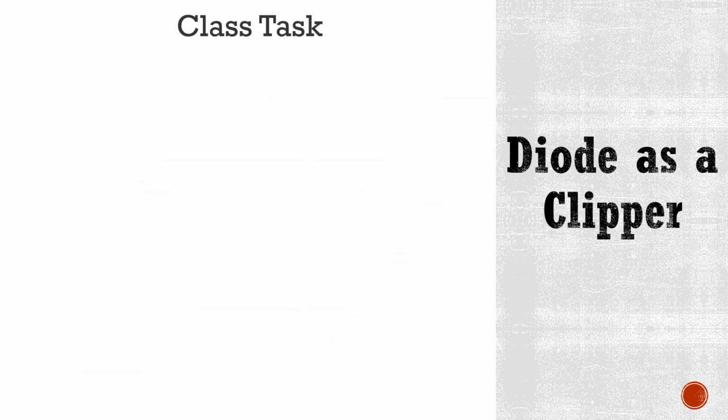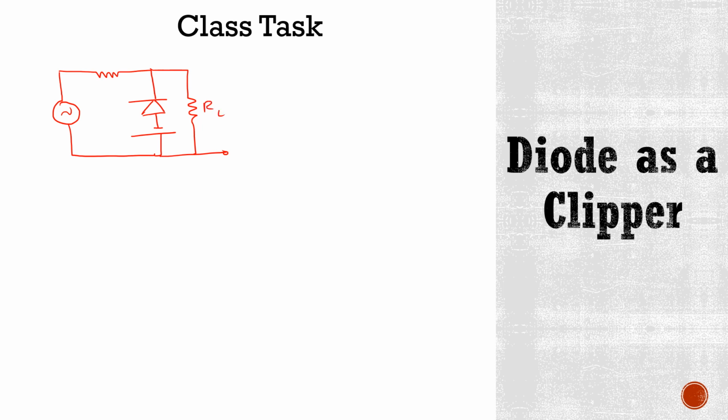Now here is your class task. If you have one circuit like this, where this is load resistor RL and here we have output voltage V0, and this is R1, this is Vi, this is minus plus V, that is DC battery.